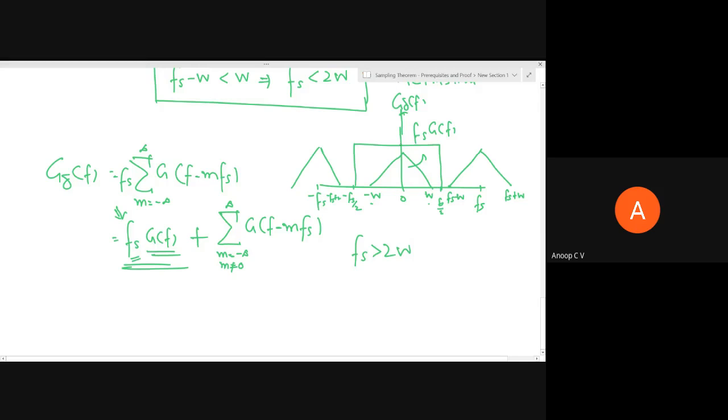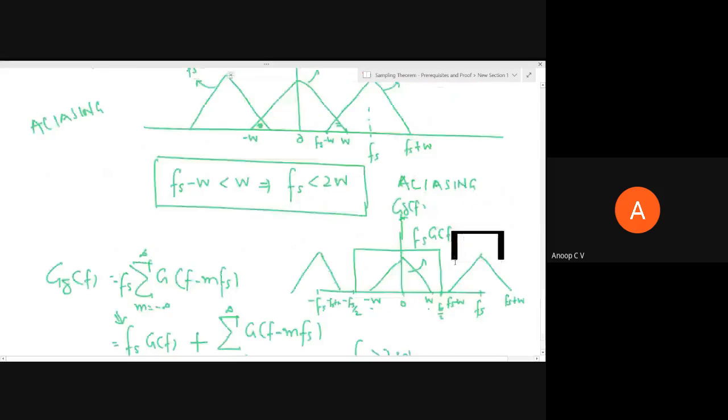If I should be able to reconstruct the original signal back from these samples, there should not be any overlap. What if there is overlap, as shown in the first case? I cannot recover G(f) alone. If I'm using a filter which allows from minus W to W, you can see the other part of the spectrum was overlapping with this, so I won't be able to reliably reconstruct.